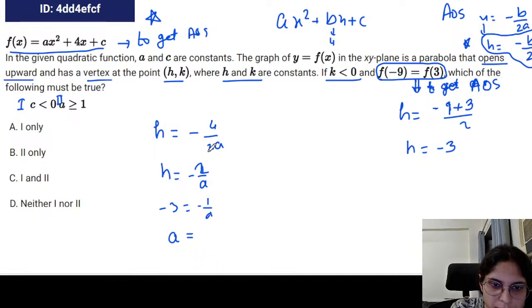My bad. That is what I was thinking. I've done something wrong. 4 divided by 2 is 2. And from here you can just switch them. So a is negative 2 over negative 3. So a is 2/3 and 2/3 is less than 1. It is not greater than or equal to 1. So option 1 is not correct. Option 2 is not true. So wherever you see option 2, that is gone.